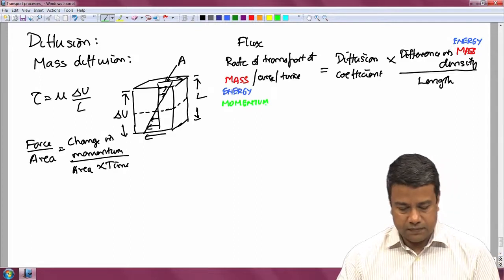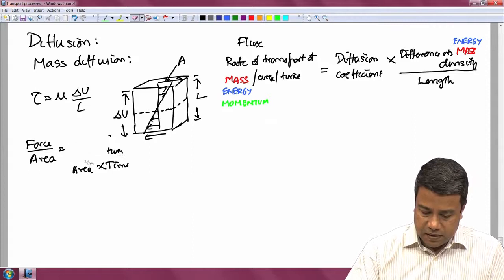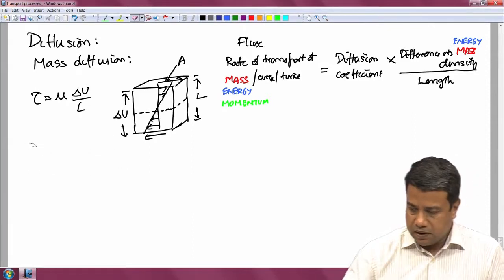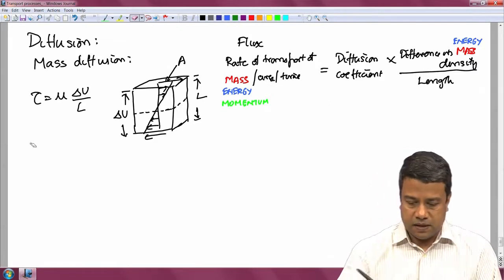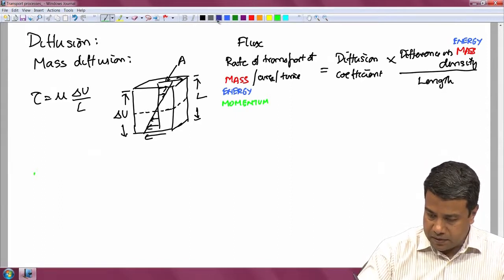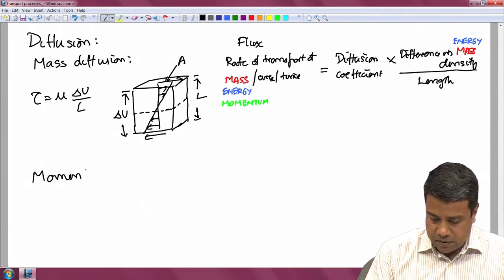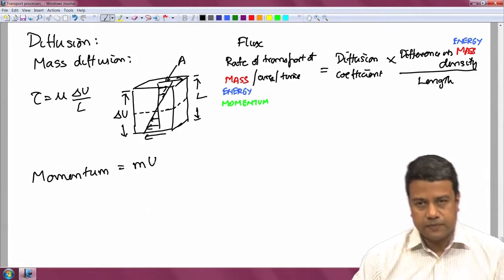So, this momentum flux I have to express in terms of the difference in the momentum density. The momentum, as you know, is equal to the mass times the velocity.